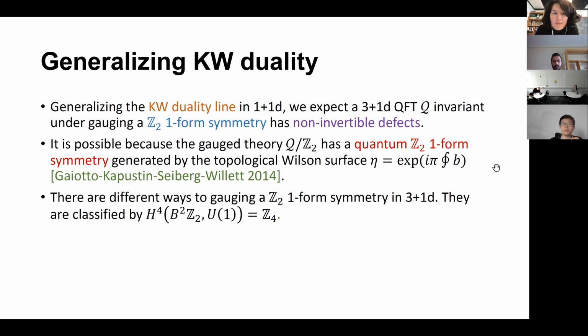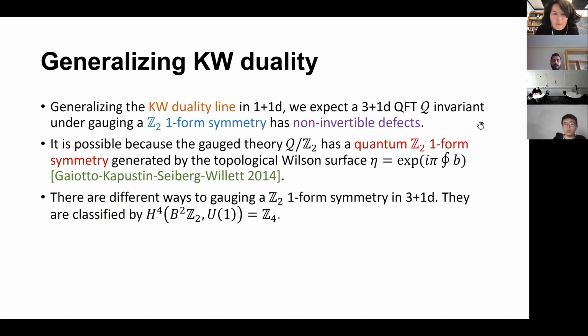If we can find a 3+1d QFT which is invariant under gauging a Z2 one-form symmetry, then the theory will have non-invertible defects. Such a QFT can exist because in 3+1d, when we gauge a Z2 one-form symmetry, we get a new Z2 one-form symmetry, or a quantum Z2 one-form symmetry. So the symmetry on the two sides actually matches. The way this works is as follows.